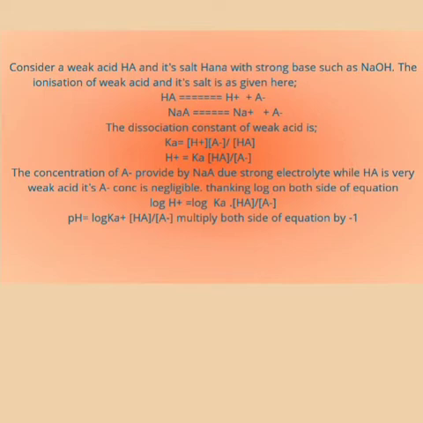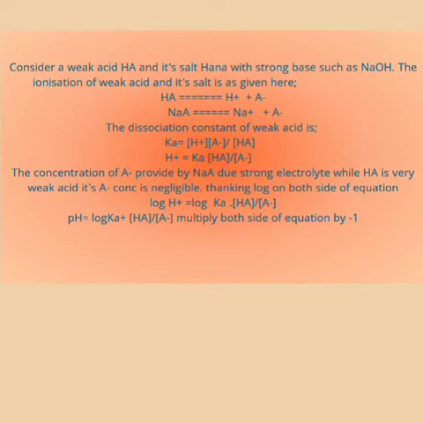Let us apply chemical equilibrium to the weak acid. You know that in chemical equilibrium we place the product under square brackets and multiply them: [H+] multiplied by [A-].